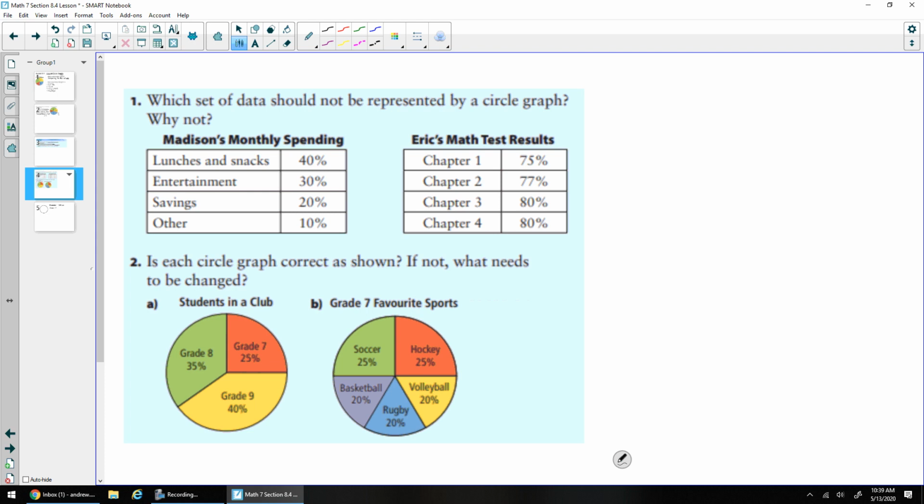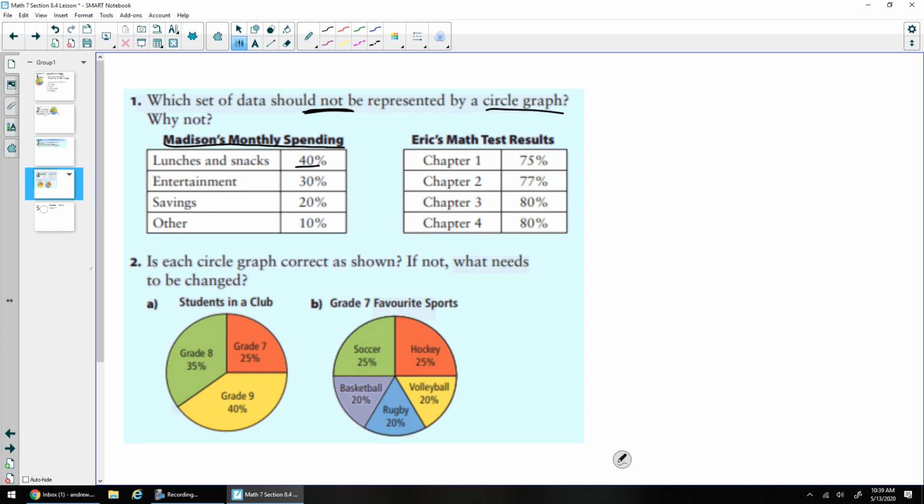A couple more questions. Which set of data, keeping in mind those key ideas, should not be represented by a circle graph? And why not? Okay, so we have Madison's monthly spending, the amount of money she spends in a month. So that's looking at a total amount, her one month spending. And that month spending we see split into lunches and snacks, entertainment, savings, and other.